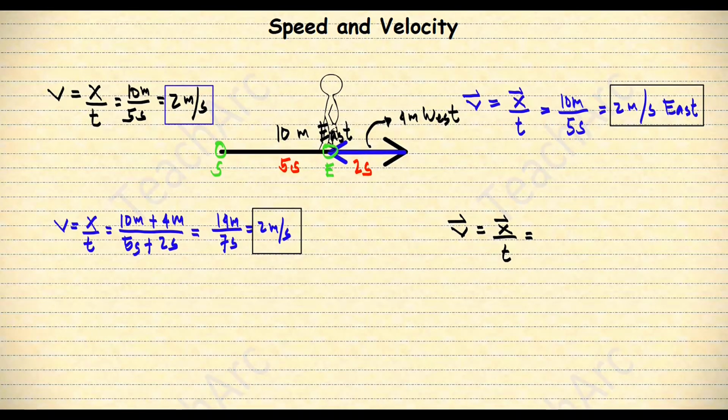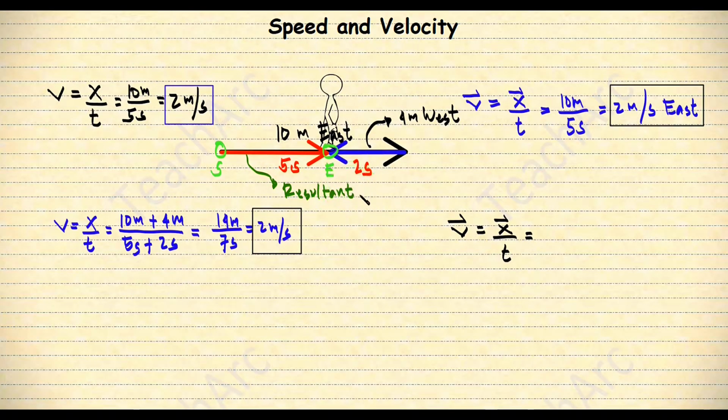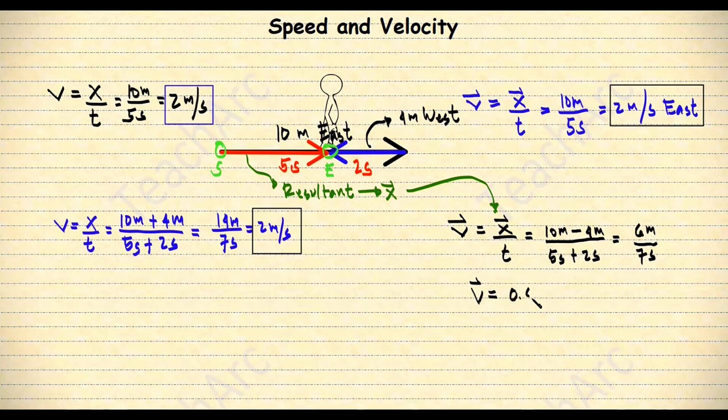The resultant vector of this problem is the distance from the starting point to the ending point of the boy's motion. The resultant vector, by the way, represents the displacement. The displacement here will be 6 meters. We divide that by the total time, giving us a velocity of 0.86 meters per second to the east.